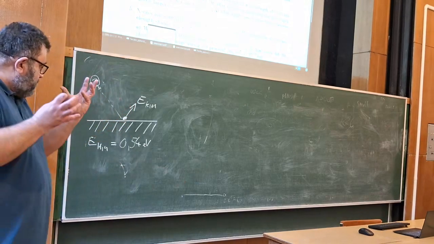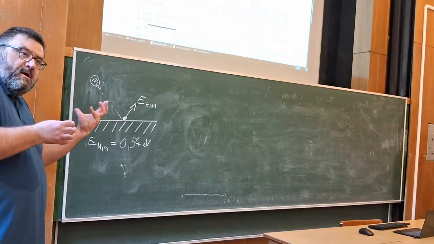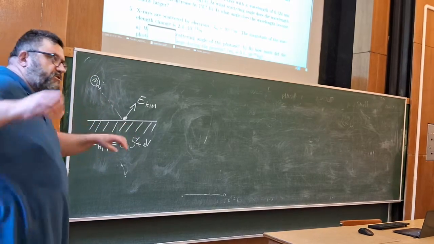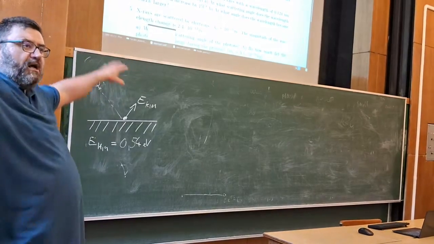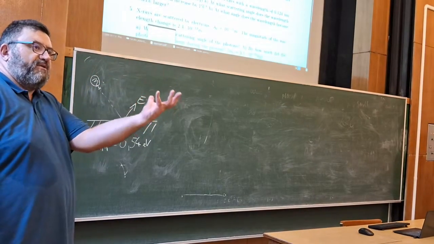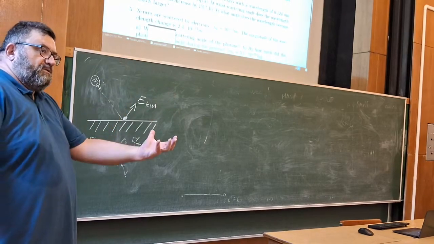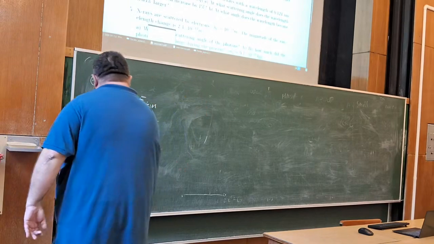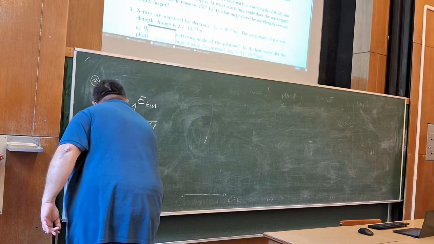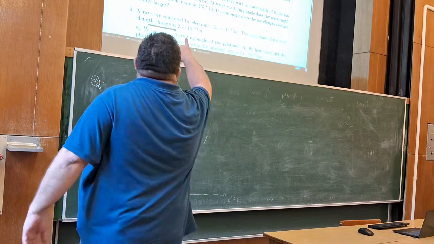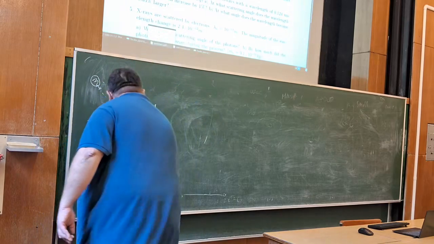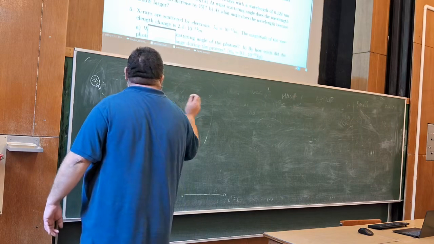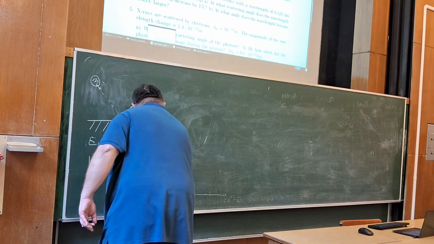But these electrons are bound. There is a negative potential which keeps them in the metal, otherwise they would fall out and we would have a crystal with positive ions. So they are bound. And that bond is this, 3.74 electronvolt.